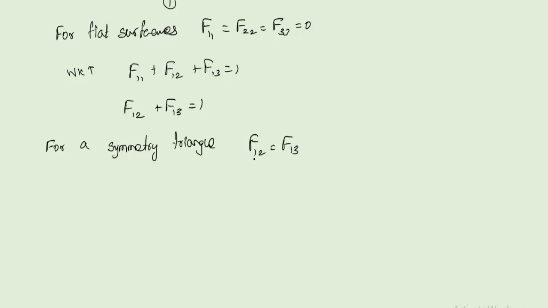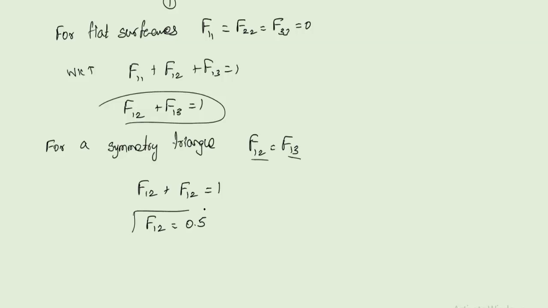Then you can substitute in this equation, instead of F13 I can substitute F12, so 2 F12 equal to 1. So F12 becomes 0.5, F12 equal to 0.5. Similarly, you know that F12 equal to F13. So F13 is also 0.5.